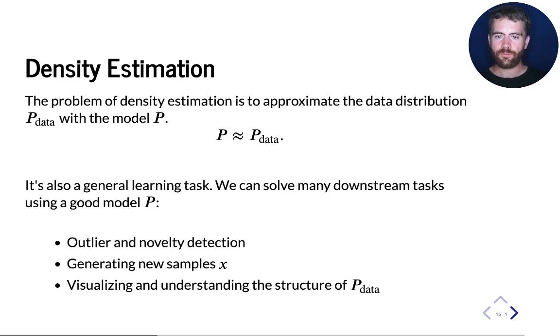Many of the algorithms that we're going to introduce in our lectures on unsupervised learning can be seen as performing density estimation with a particular type of interesting model, and then using it for solving useful problems like clustering.